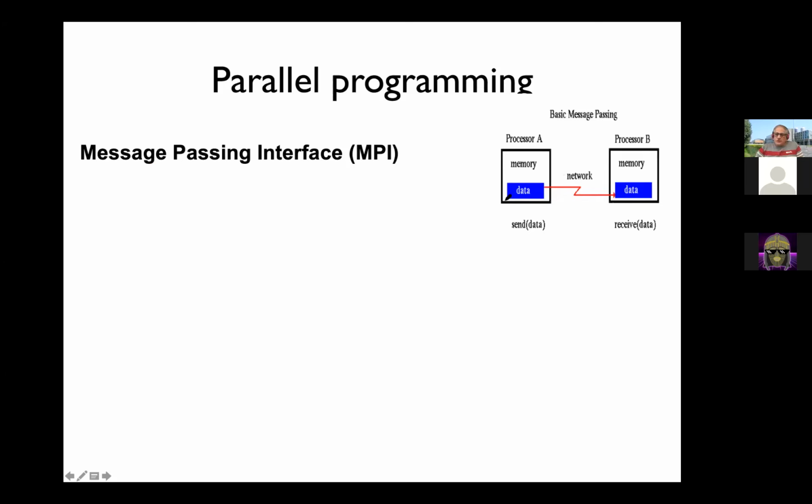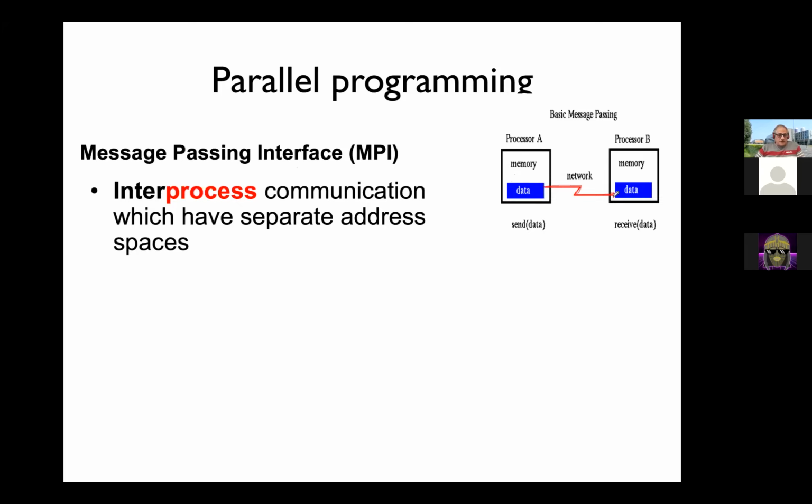But if we want them to behave as a program, then we have to make sure that the processes can communicate. And that's basically what the message passing interface is about. It's an interface that can be added to your program and can make sure that data can be sent from one component to the other. So it's inter-process communication across different address spaces, things which are not meant to be communicating, at least from the operating system's point of view.